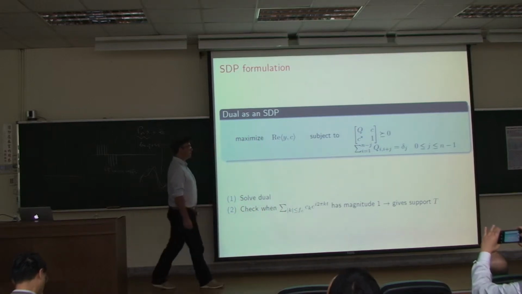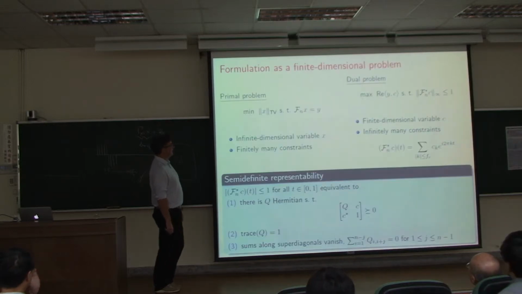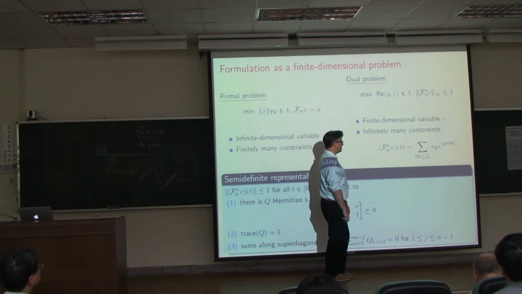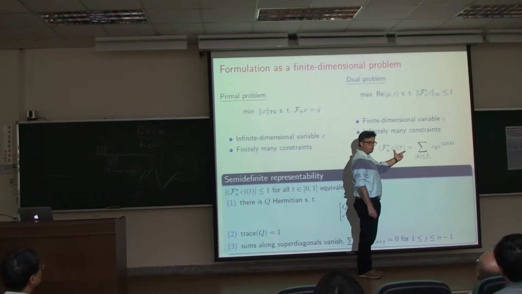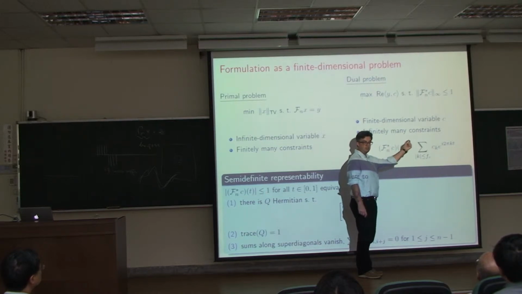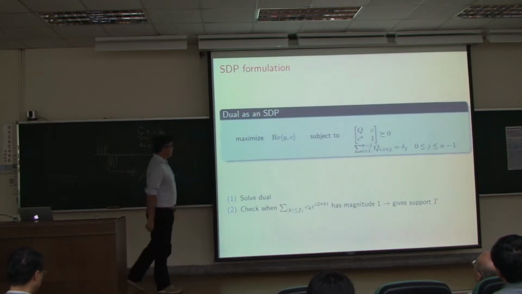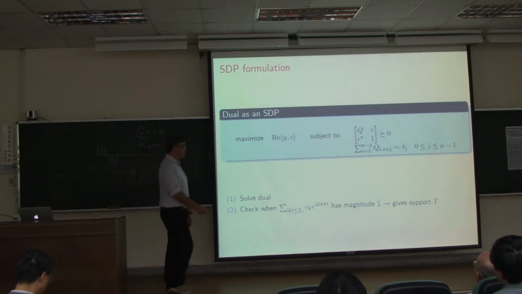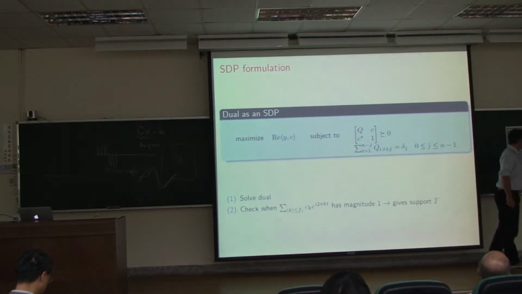Okay, so I solve this semi-definite program, and now I get my C. When I get my C, I retrieve the solution by complementary slackness, by looking at when this polynomial achieves the value 1, and this is exactly where the signal is non-zero. So what I do in practice is I solve the semi-definite program, and I check my trigonometric polynomial, and I see when it reaches magnitude 1, and this gives me the support of the signal.